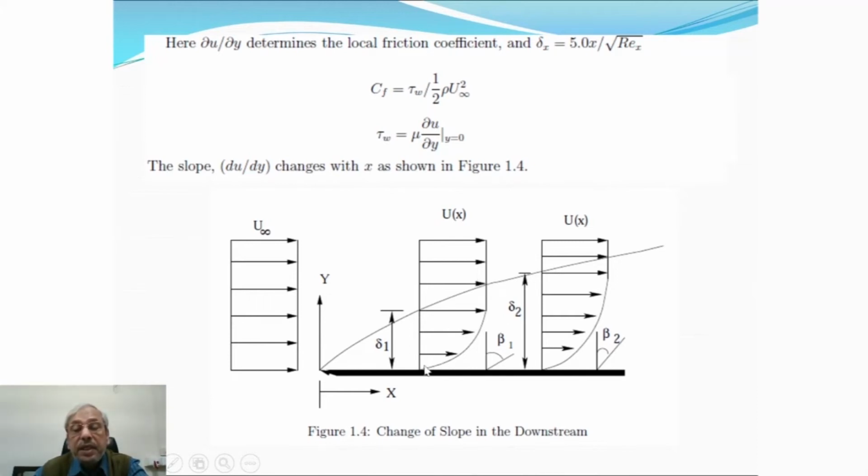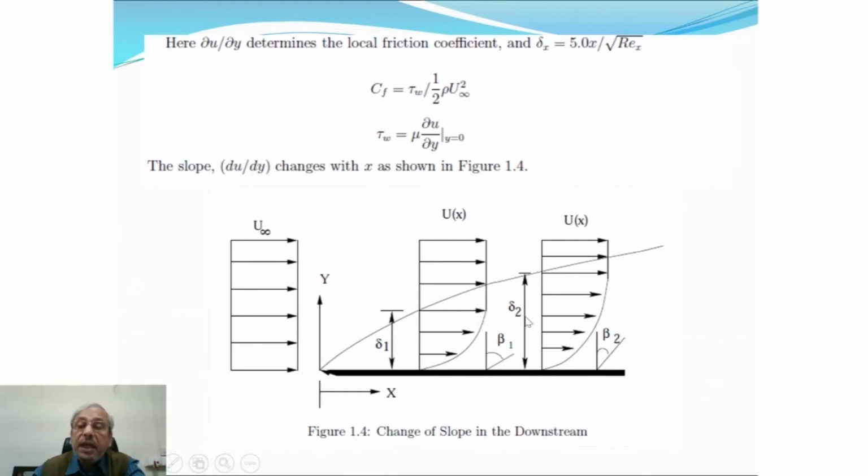And we can see, since the boundary layer thickness is increasing and velocity is reaching from u to u infinity through the boundary layer, that means through delta, a very rudimentary way of describing the slope is u infinity minus 0 by delta.